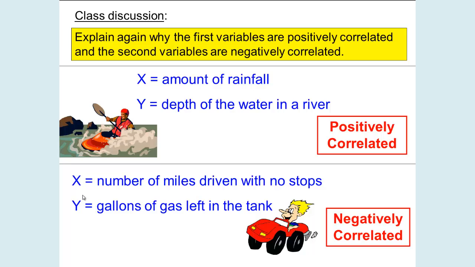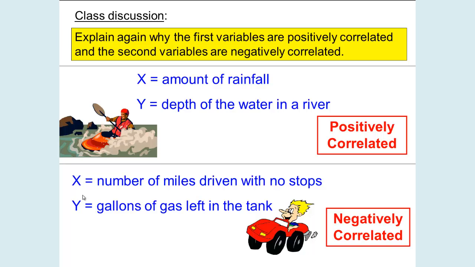For a class discussion, and to conclude part 2 of this PowerPoint video series, let's explain why the first variables are positively correlated and the second variables are negatively correlated. Remember, in a positive correlation situation, as x increases, y increases.